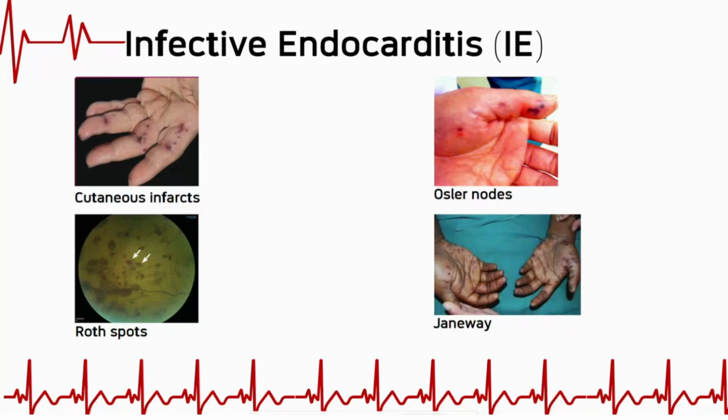Now, something that I would recommend is for you to have a look at these particular clinical features and familiarize yourself with those pictures, because just from clinical examination, I have been able to diagnose someone with infective endocarditis within 1 hour of that patient presenting.